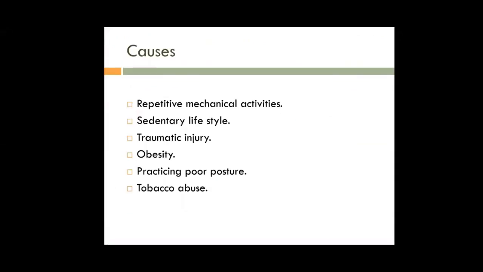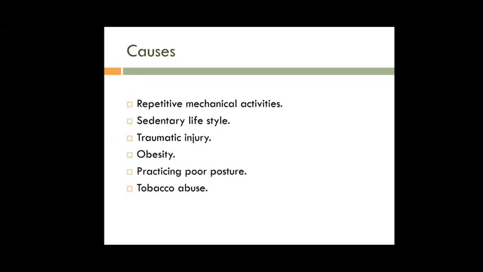The causes of having intervertebral disc, there is no direct cause. There is a lot of risk factors. One of them, repetitive mechanical activities related to work, mostly. Sedentary lifestyle, having weak muscles and having sedentary lifestyle increasing your risk to have disc herniation. Acute disc herniation related to traumatic injury, one of the causes.